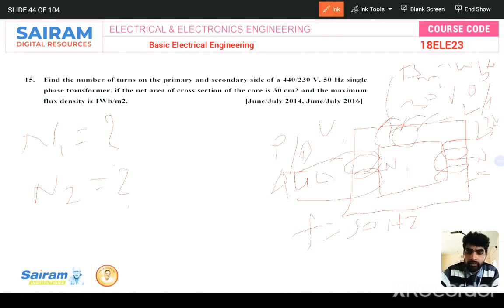So how do you calculate N1 and N2? Because V1, V2 is given. If you use a turns ratio, two unknown values are present, so it is not possible, I guess. I'll give the formula, and after that we will see which formula we need to prefer. N2 by N1 is equal to V2 by V1, right?